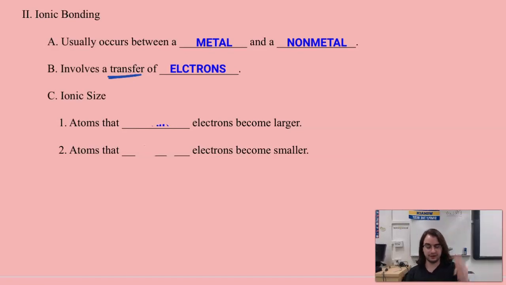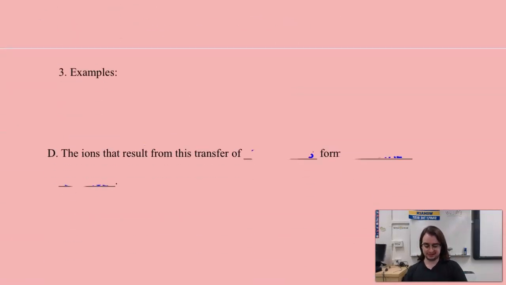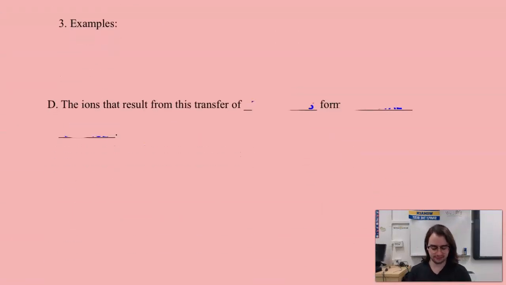Now, we have sizes with our ionic compounds. We've talked about this a little bit before. Atoms that tend to gain electrons become larger, so that means anions. They become larger than they used to be. And atoms that tend to lose electrons become smaller. This is something that we've seen before.